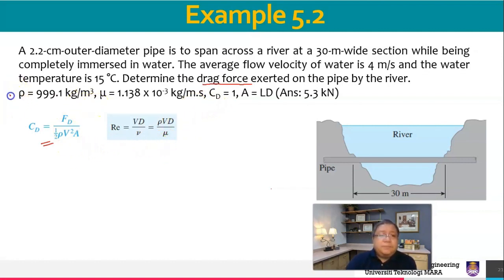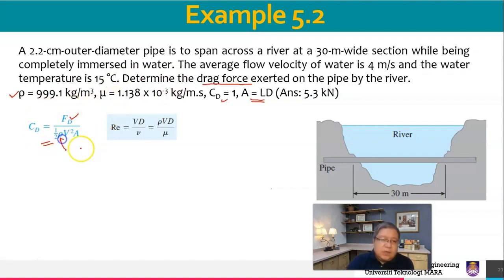All the conditions, all the properties have been given to you, and likewise A is the frontal area, which is L times D for the cylinder, and the answer is 5.3 kilonewton. Basically you need to determine the value of CD, but the CD is already given to you, so you will get this value straight away. It's very easy. You want to determine FD, right?